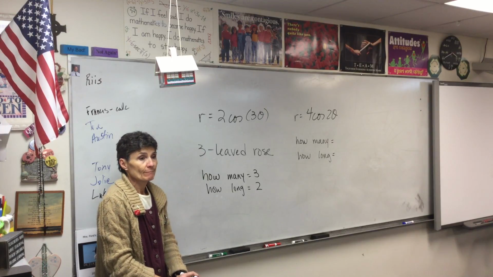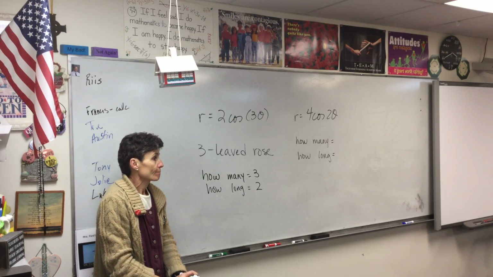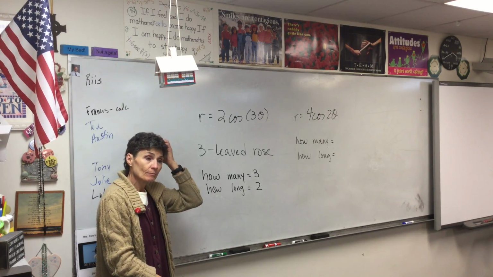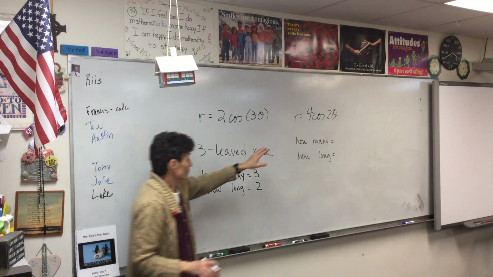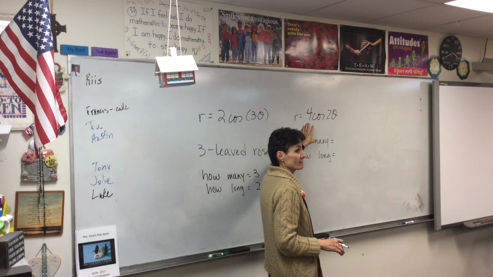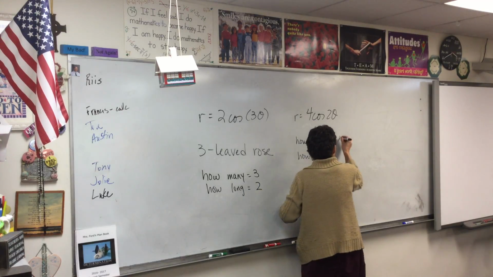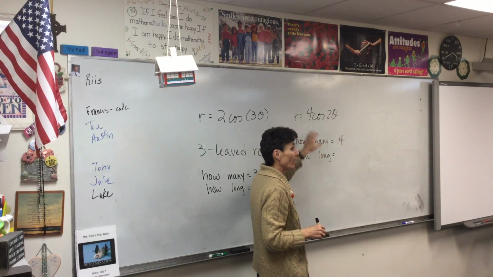Whoa. How many leaves did you get this time? For this equation, you did not get 3 leaves. This one gave you how many? 4. There are 4 leaves to this equation. Can you tell how long they are?